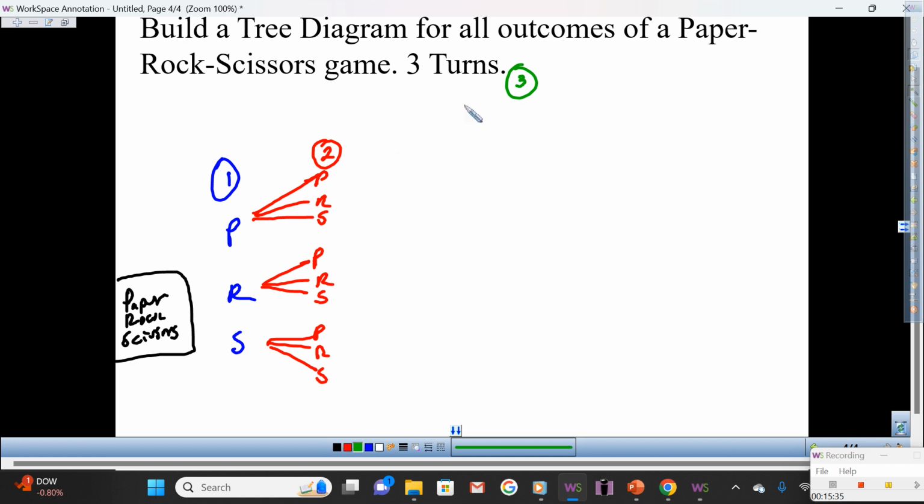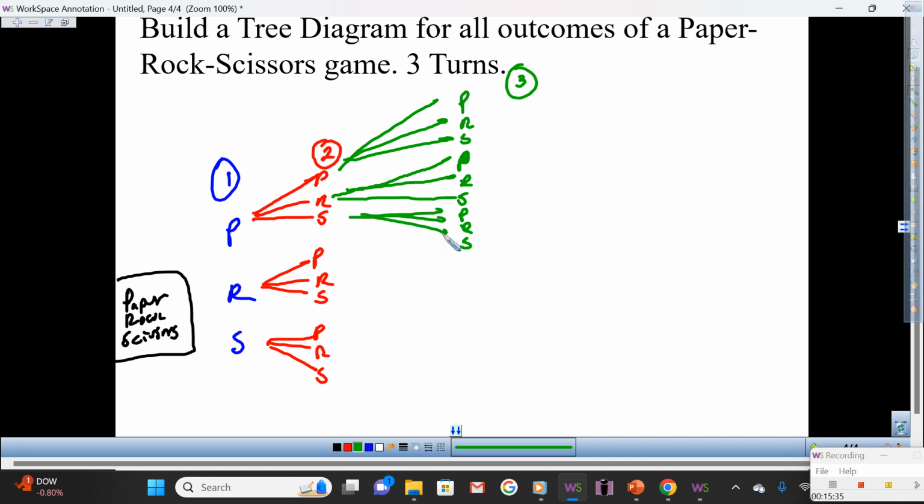Then from there, paper, rock, scissors, and so on for each branch.